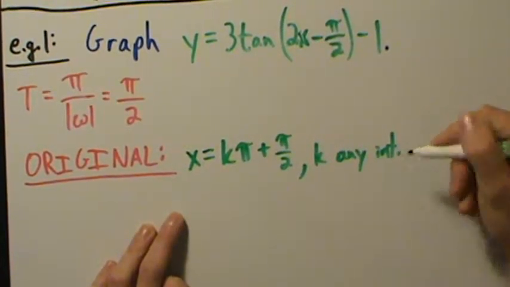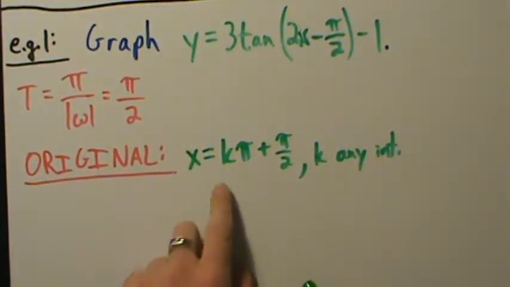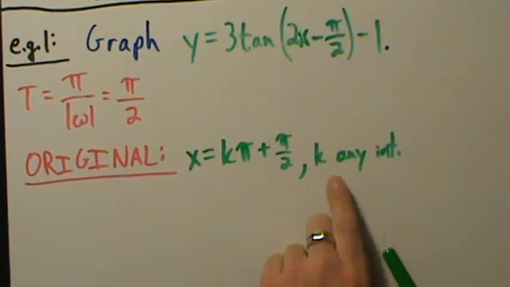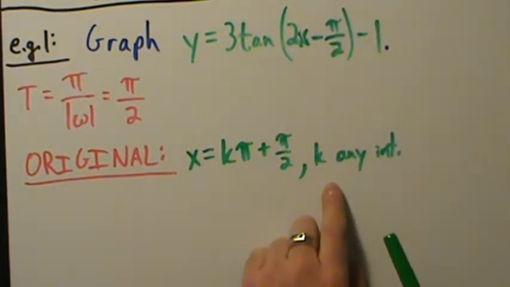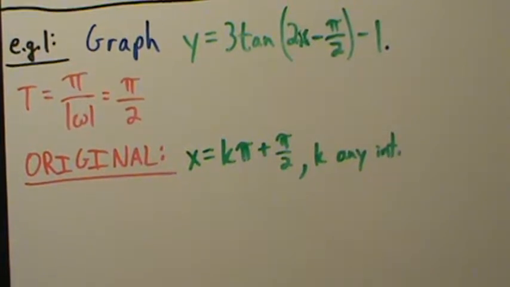I'll abbreviate that int for short. Remember, k represents any integer, so k could be 0, 1, -1, 2, -2, 3, -3, 113, -4,000, and so on.